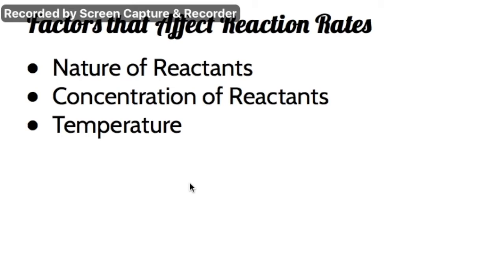Increasing temperature increases the available energy, increasing the percentage of successful collisions that occur. So for an endothermic or an exothermic process, increasing temperature almost always makes the reaction faster. It doesn't tell you how much product you have, just the speed.